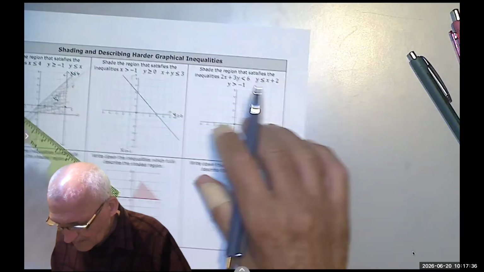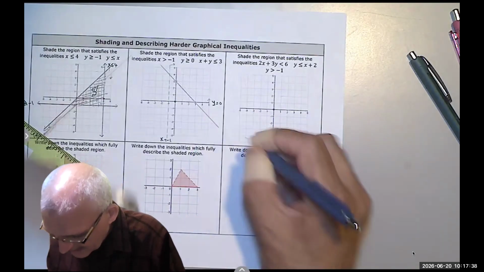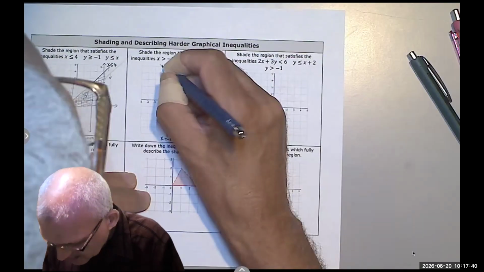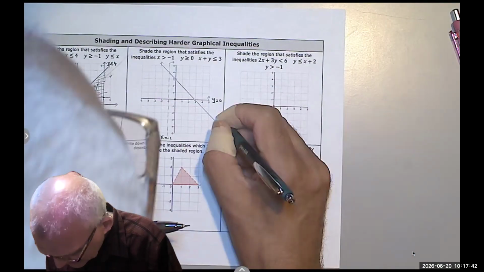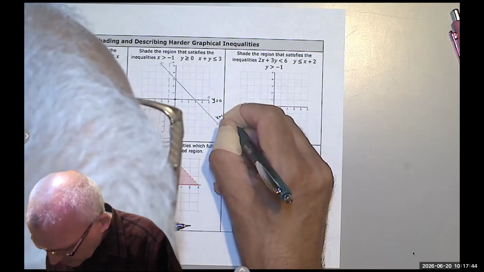This is 3, this is 3, okay, now it's better. This is a solid line again. And this line is x plus y equals 3.